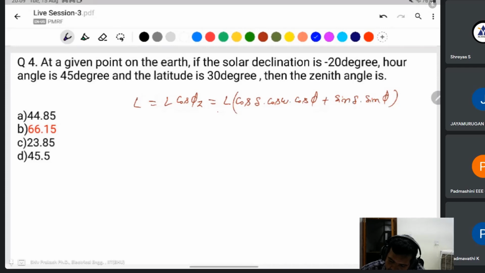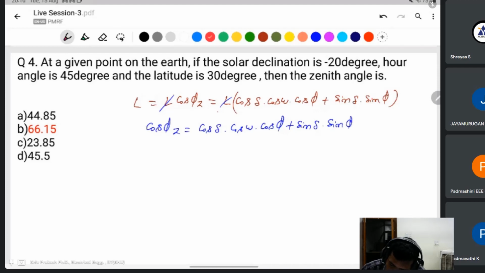To find the zenith angle, L cancels out. Cos theta z is equal to cos del into cos omega into cos phi plus sin del into sin phi.